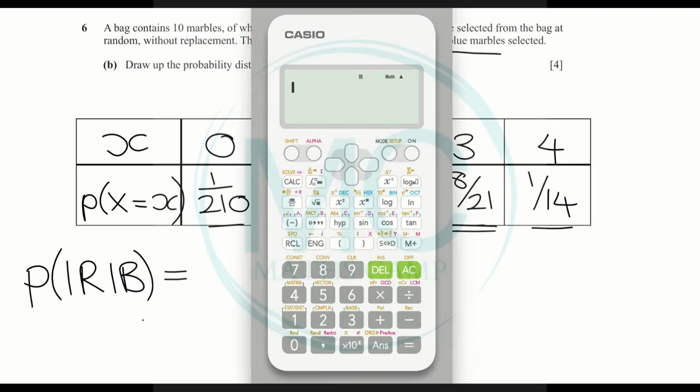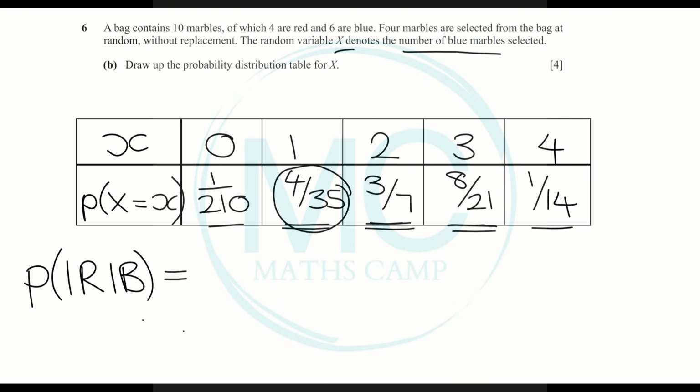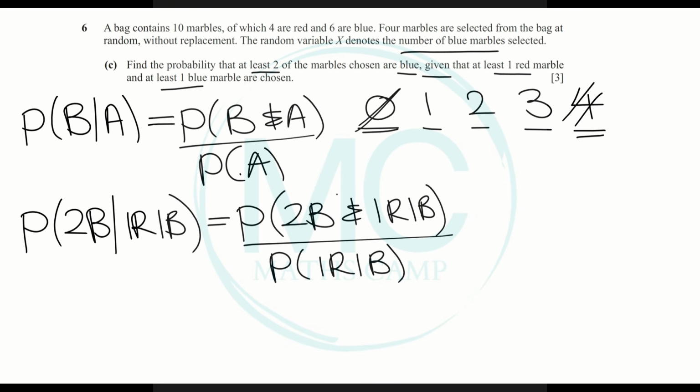So I'm going to take my calculator, 4 over 35 plus 3 over 7 plus 8 over 21 is equal to 97 over 105. I'm going to make a note of this as well over here. 97 over 105. This is the probability of at least 1 red marble and 1 blue marble.